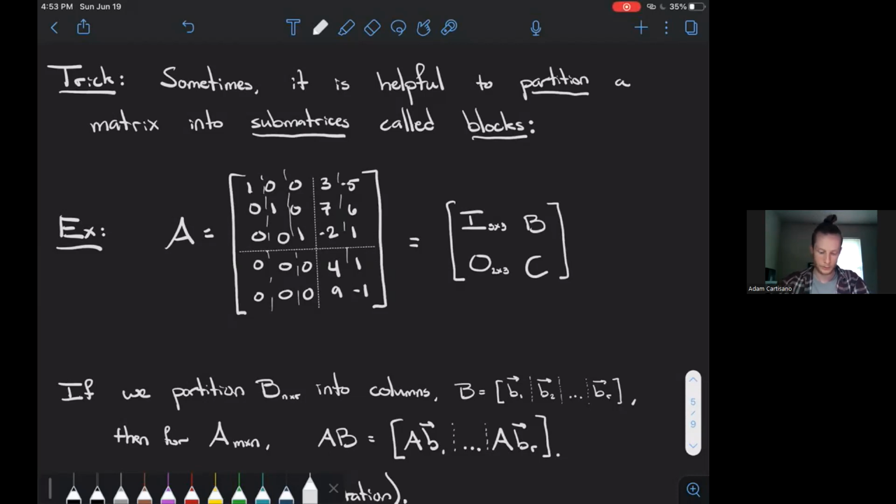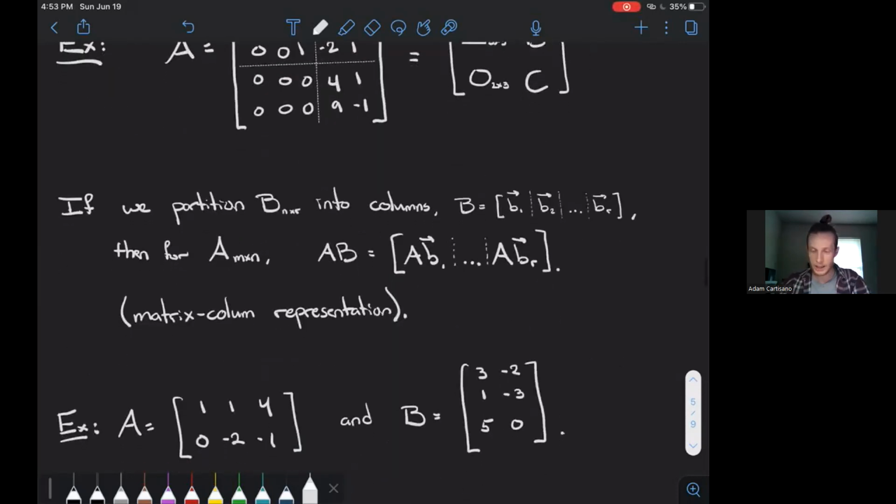Handy trick, although maybe not this particular matrix, right? Okay, let's do it. Partition B, which is an n by r matrix, into columns.